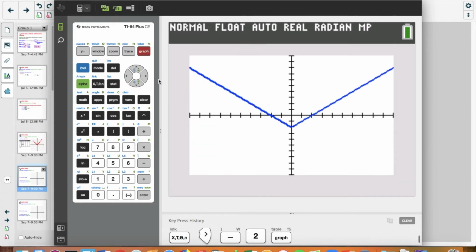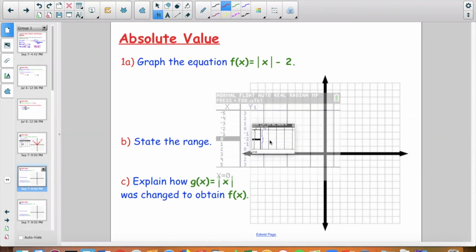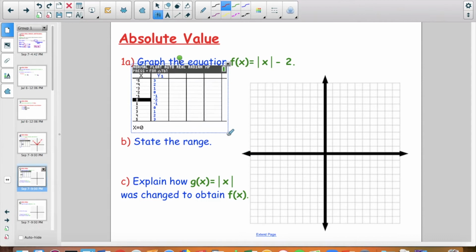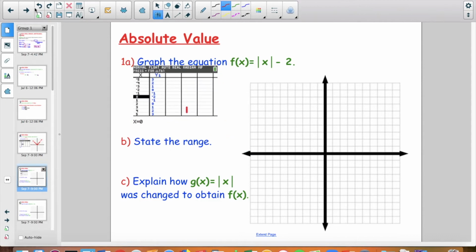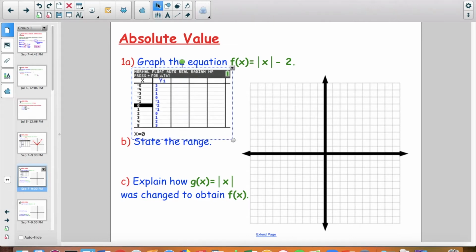Then we go to the table, second graph, to get our table. Always good to look for that middle point, so you want to look for that pattern. So that pattern is right over here, and I'm going to drag it onto this page. So let's graph it, starting with the vertex.